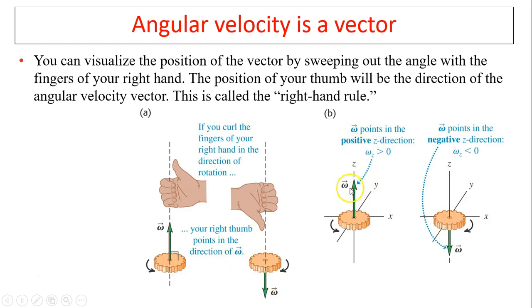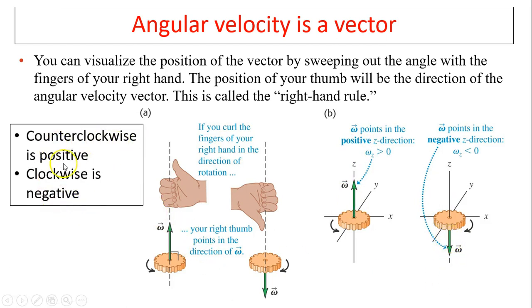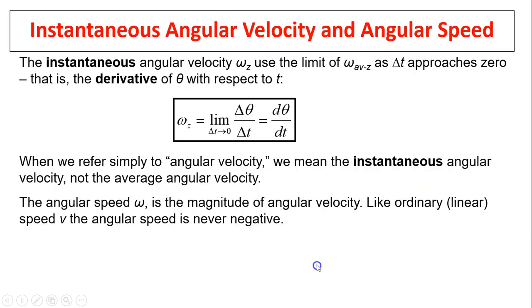So positive is up, negative is down. So again, counterclockwise for your theta is positive, resulting in positive omega. And clockwise, theta is negative, resulting in negative omega.